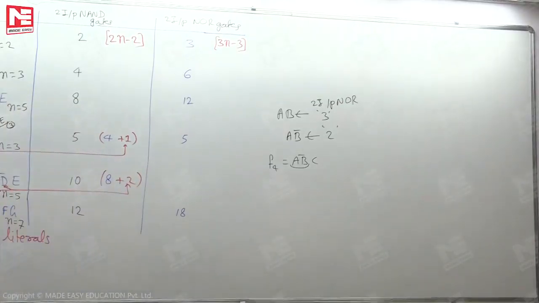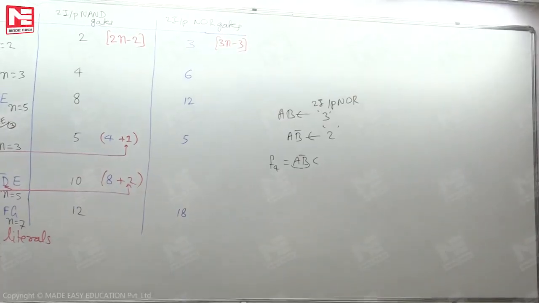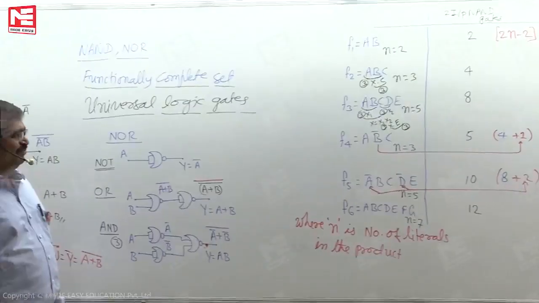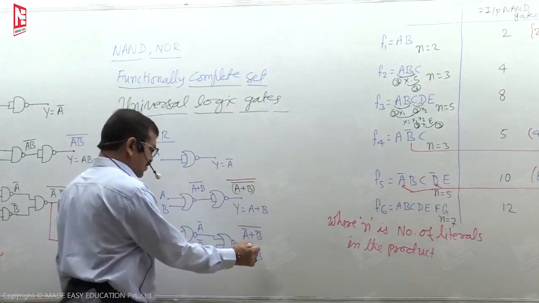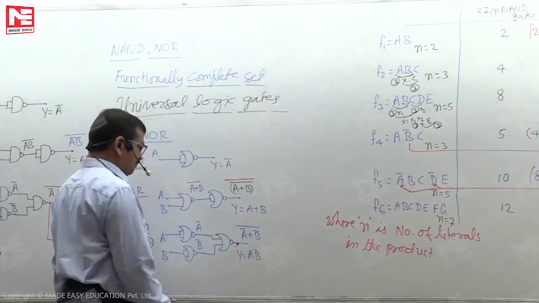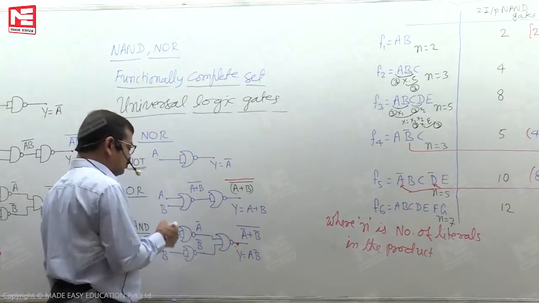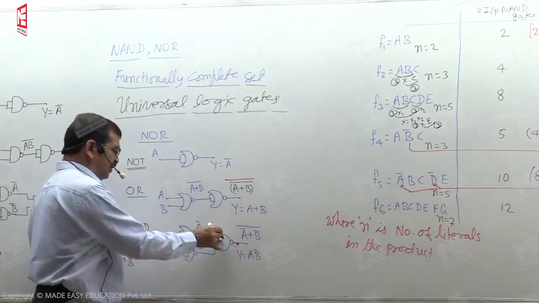When we have AB, on the variable A and on the variable B, we perform the complement operation before feeding to the third gate. If we want the complement operation on B, then if you don't want complement, it has to be complemented before feeding to the last gate.